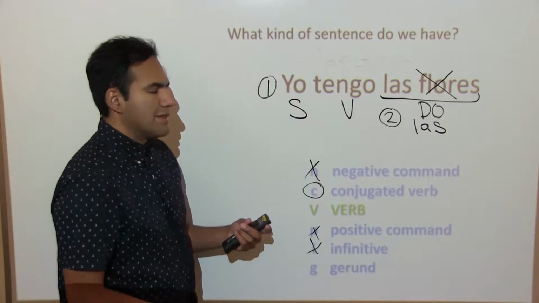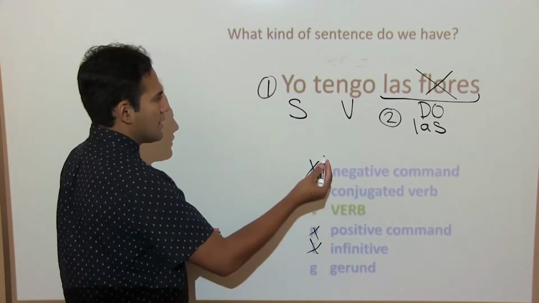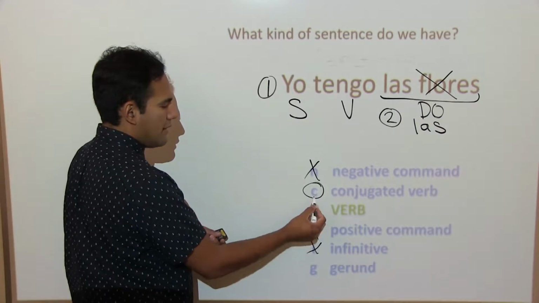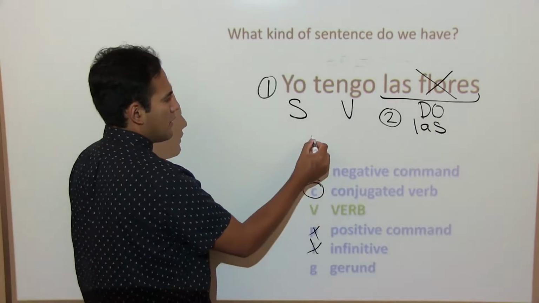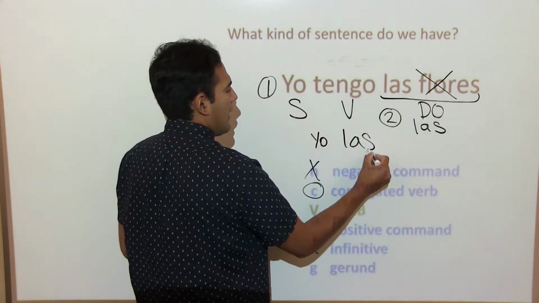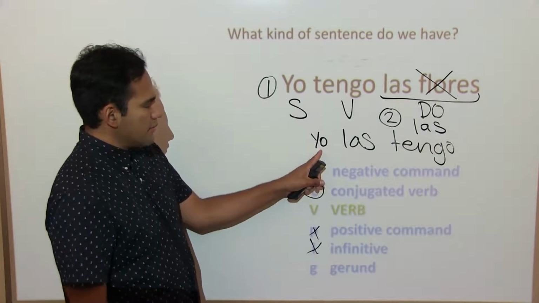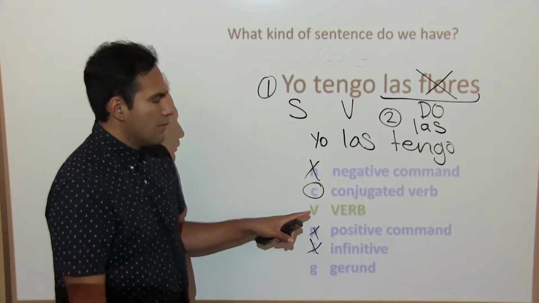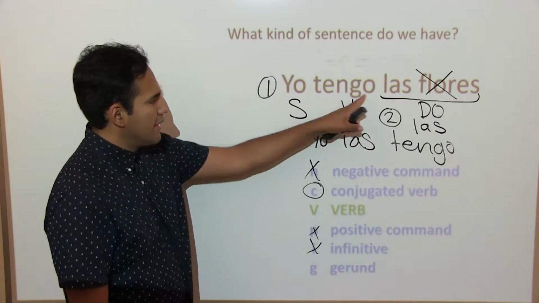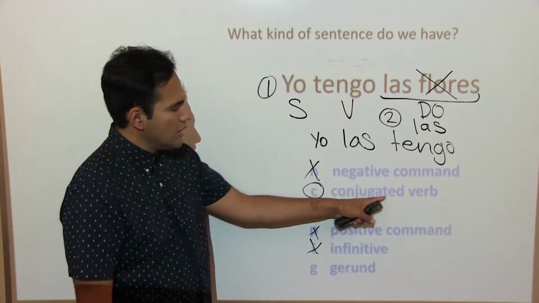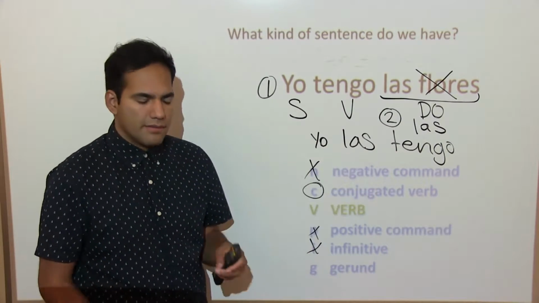And our third step is to write it including the direct object pronoun. So here, based on NCVPIG, we know that the pronoun is going to go before the verb. Yo las tengo. And notice how we're following what our acronym is basically saying. We have a verb, and since this sentence fits in this category, conjugated verb, we're going to put it before our verb. Okay?